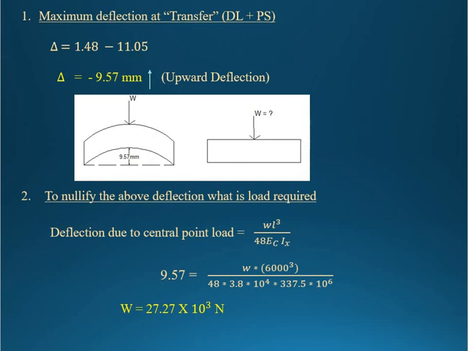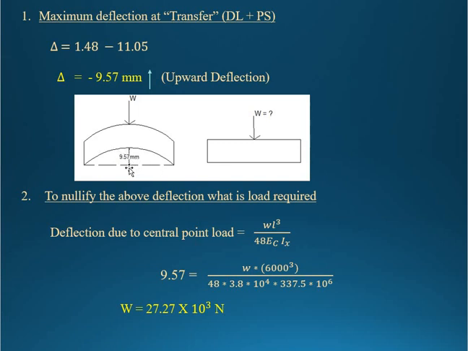In the second case, what they had asked us to find out is a point load, or a central concentrated load, and how much it should be. Also, that point load is going to nullify the deflection. Whatever deflection we have got here should be nullified by this point load.